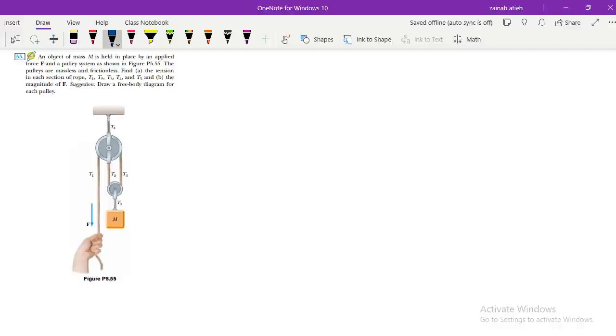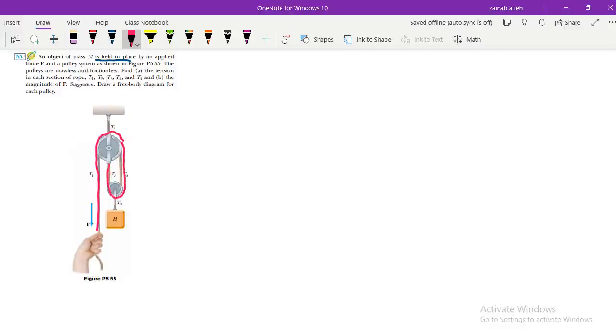So this system is at rest because the question said M is held in place, it's not moving. He gave a suggestion at the end. He said draw a free body diagram for each pulley. I want to point out first that this string is the same string. This one turns on the first pulley and then goes round and turns on the second pulley.